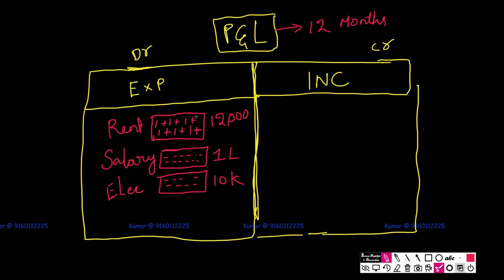So if we add all these expenses, 1 lakh plus 10,000 plus 12,000, it will become the total expenses. And incomes also, tell me a few incomes. Interest, commissions and sales.